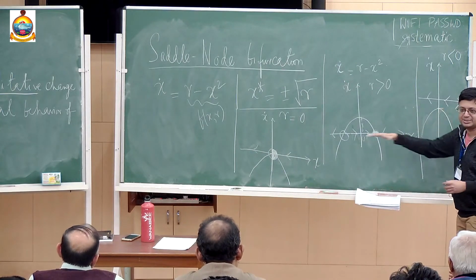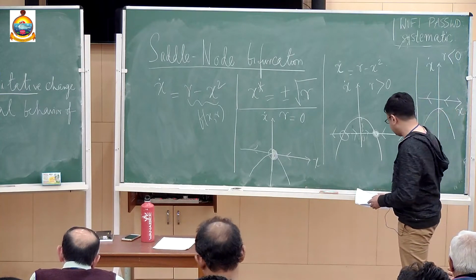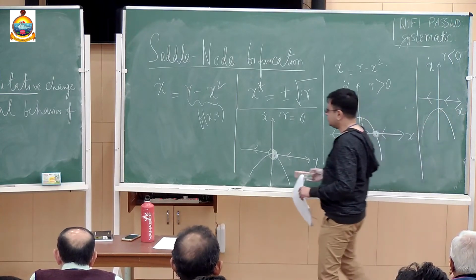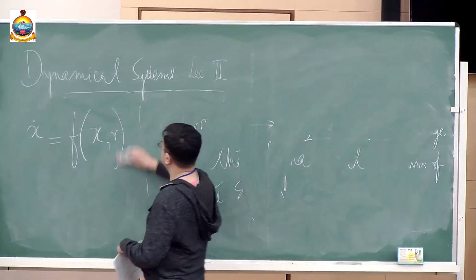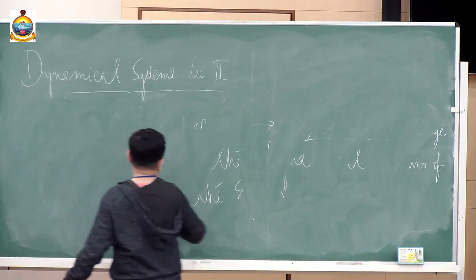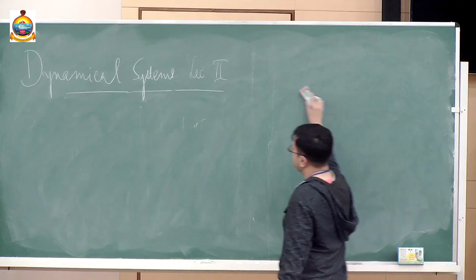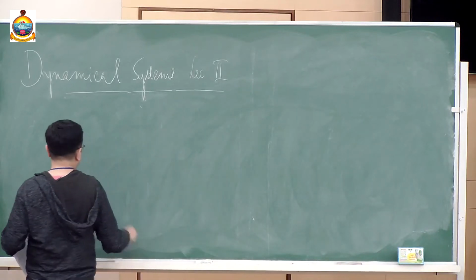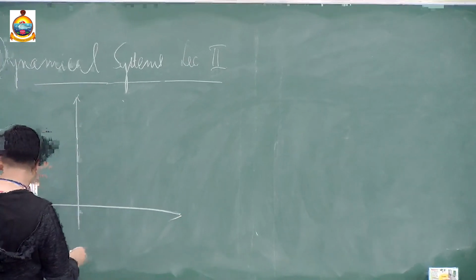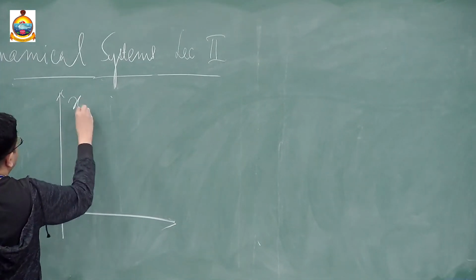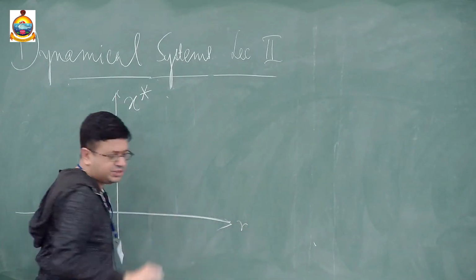It's just a one dimensional system, so there is no second direction, but it's called a saddle node bifurcation, and there is a standard way to denote it, which is what is known as a bifurcation diagram. Here you plot your fixed points as a function of r.